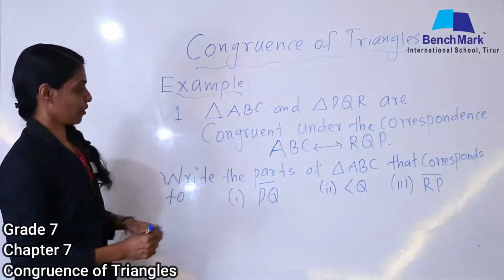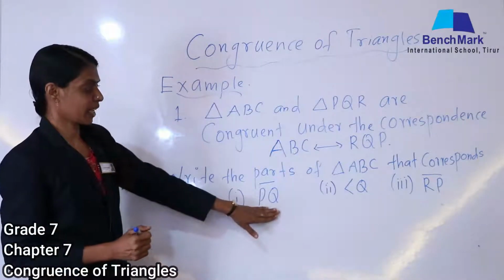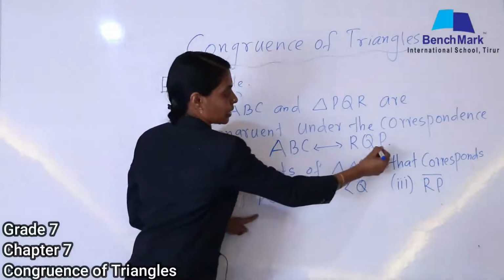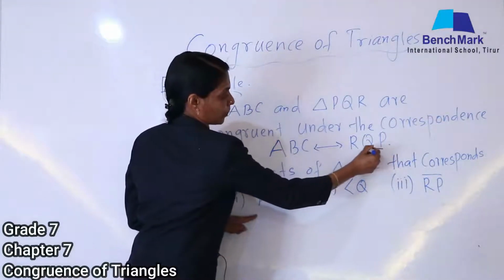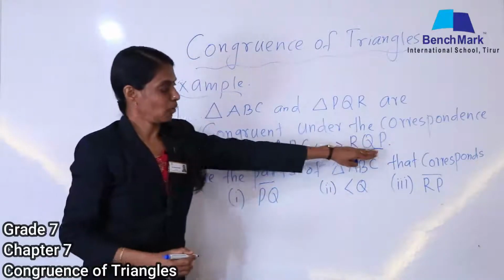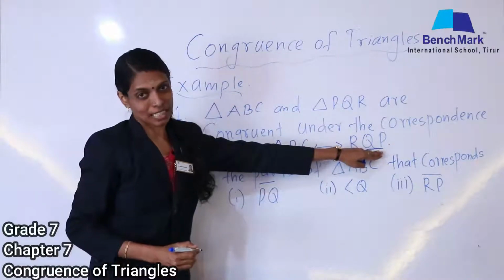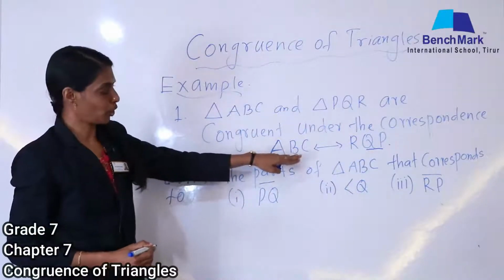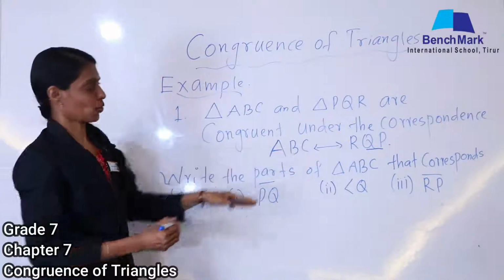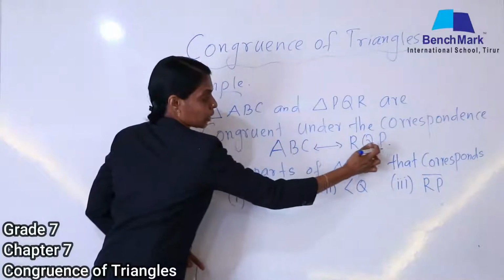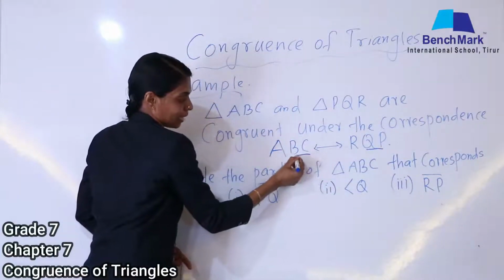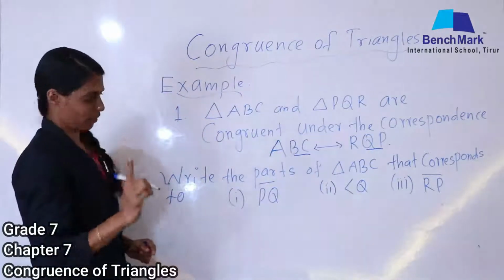So, we have to check the first answer. If we take the side PQ, so here how do you take the side PQ? This is the side PQ coming here. And what is the side that is corresponding to that PQ in this triangle? So, we have to go for taking the side CB. This is how we have to keep the order.